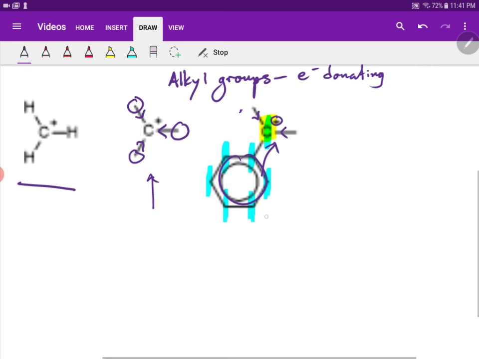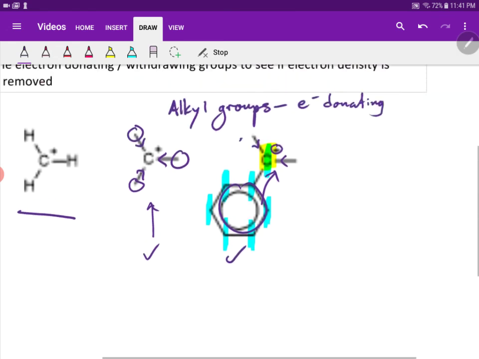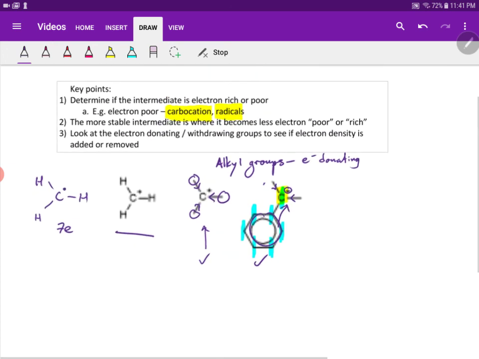That is why, if we were to compare these two, the benzene ring will have a greater effect on our carbocation ion. Just by looking at this, the most stable intermediate is the one on the right. The second most stable is this, and this is the least stable intermediate.